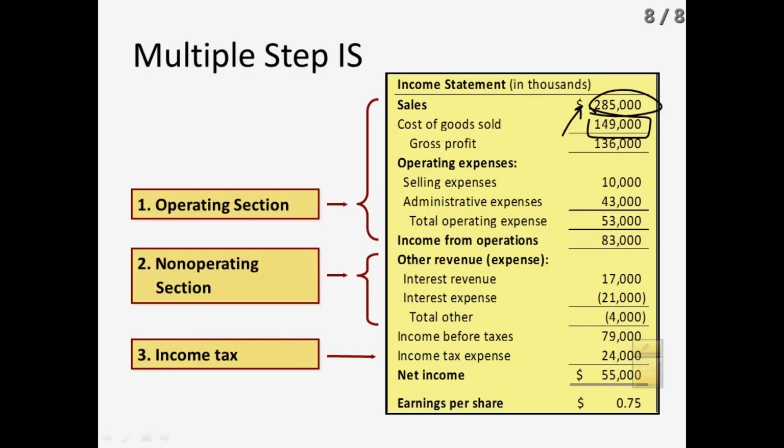On the other hand, selling and administrative may be more stable and unrelated to fluctuations in sales for a given year. Or they may scale up, but they may not scale up at the same rate, or down. Then interest revenue and interest expense.